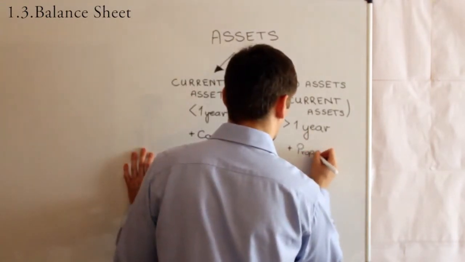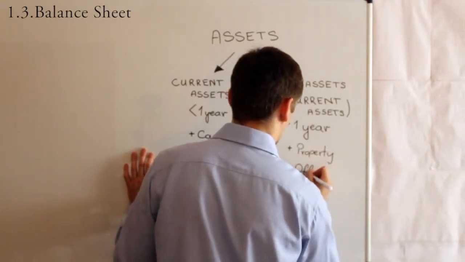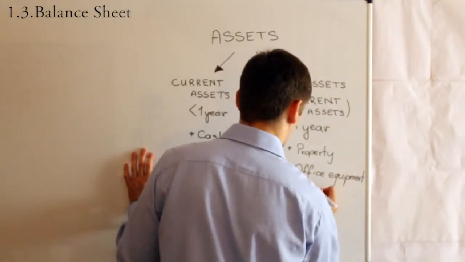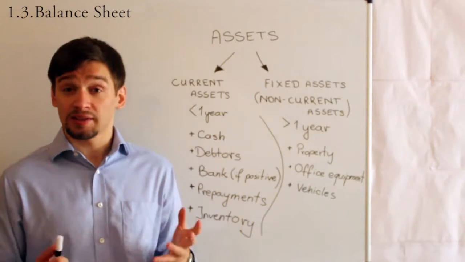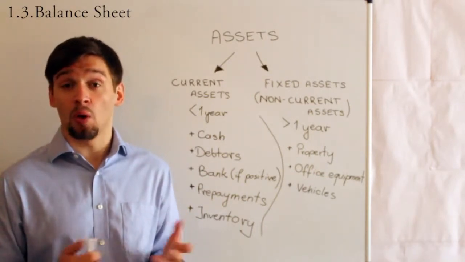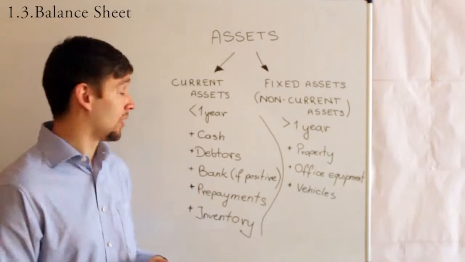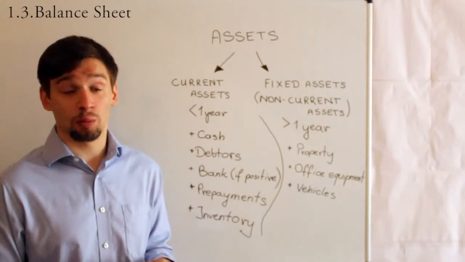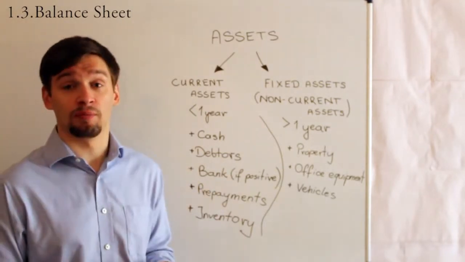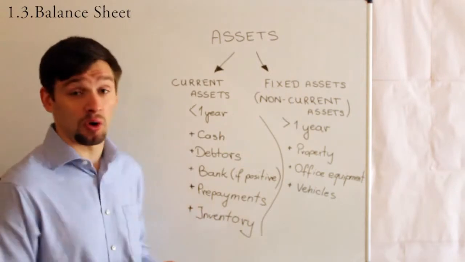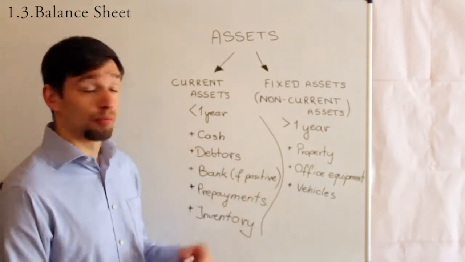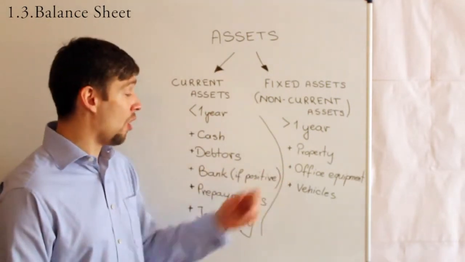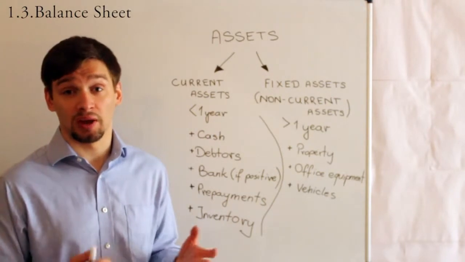Fixed assets are those that will last within the company for more than 1 year, and therefore include buildings, vehicles, machinery, equipment. Assets are things that the company owns at a particular date, and therefore cash, debtors, also called trade receivables, bank if a positive balance, prepayments, stock or inventory, or property within a longer than 1 year period, office equipment, vehicles, machinery and so on.